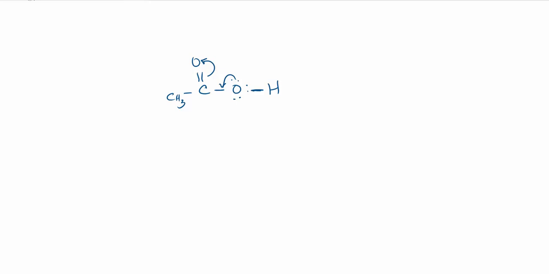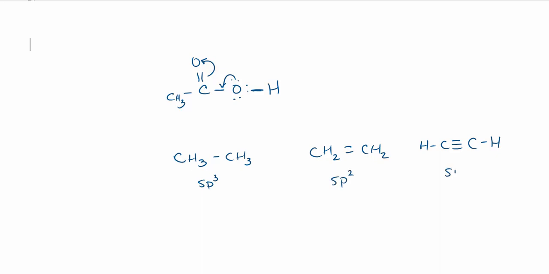We also have some hybridization things to take into account. So if we have, say, ethane, and we can compare that to ethene, and then compare that to ethyne, like this, these are sp3 hybridized carbons. These are sp2 hybridized carbons, and this is an sp hybridized carbon.